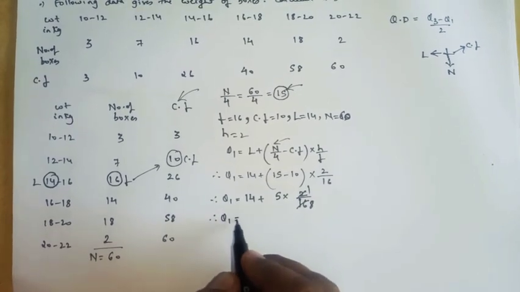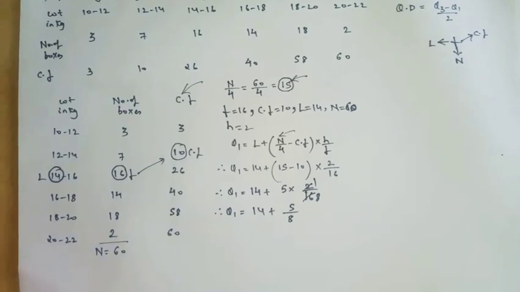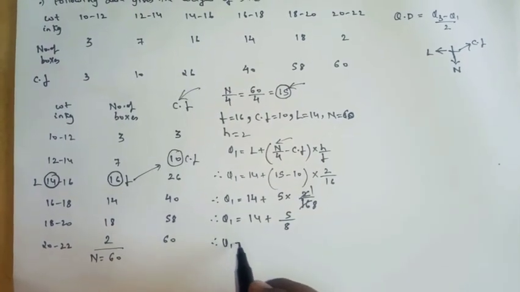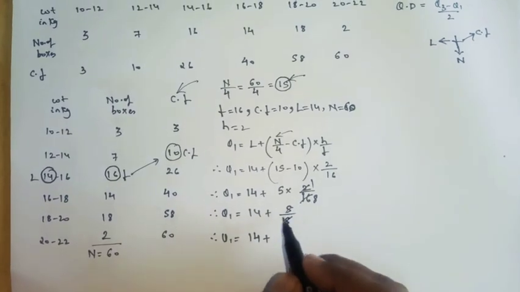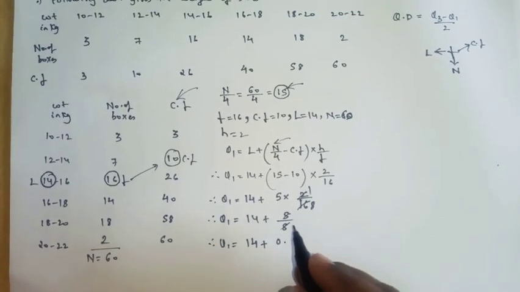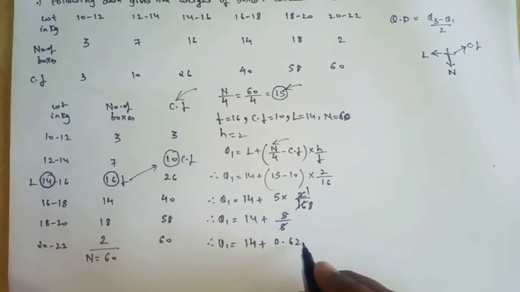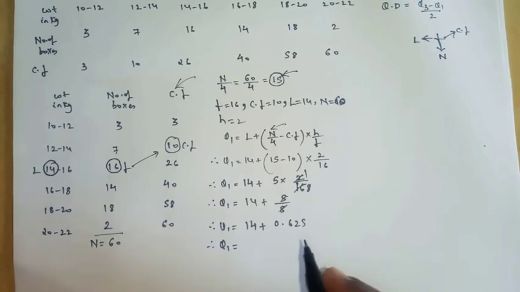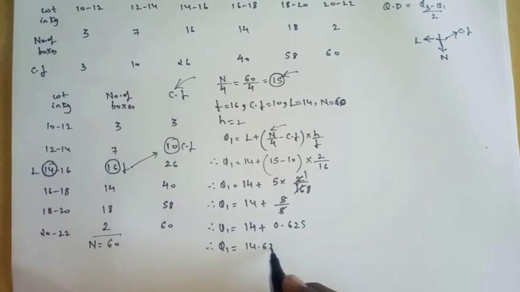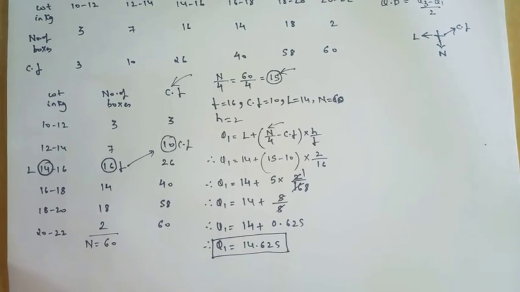Therefore Q1 equals 14 plus 5 upon 8. Keeping the 14 as it is, simply divide this number, and we get 0.625. So Q1 equals 14.625. Here we got the answer of Q1.